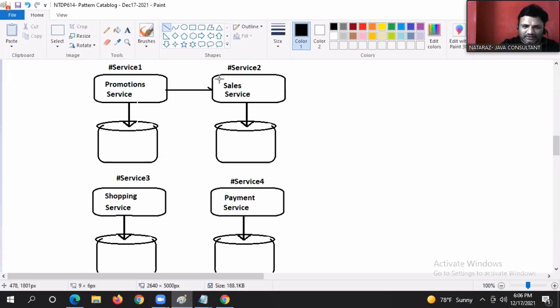This to this interaction anyhow will be there. Here to here interaction will be there.